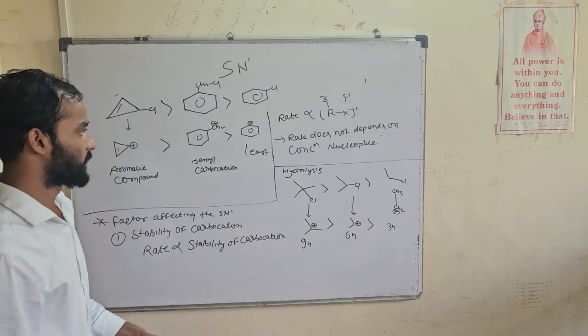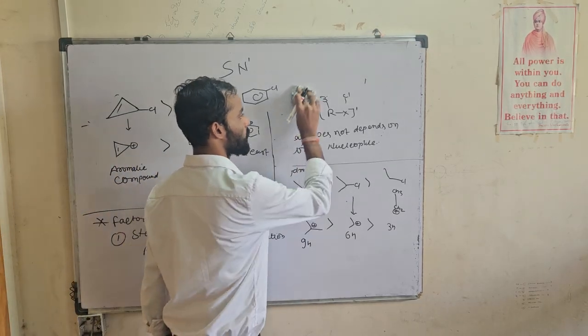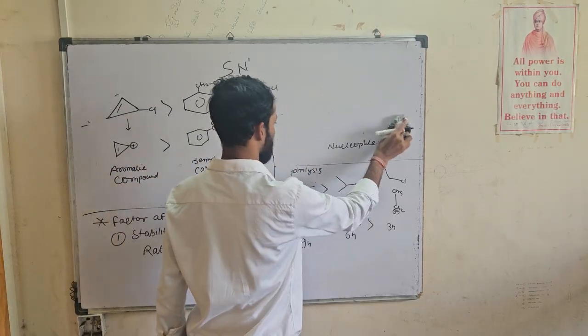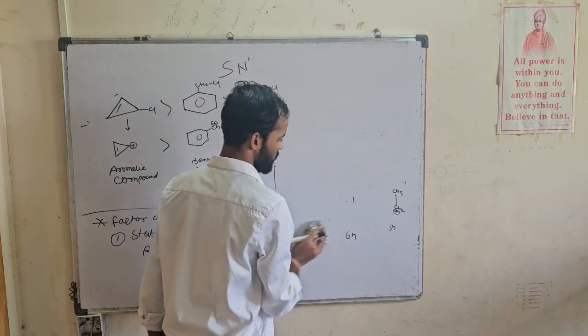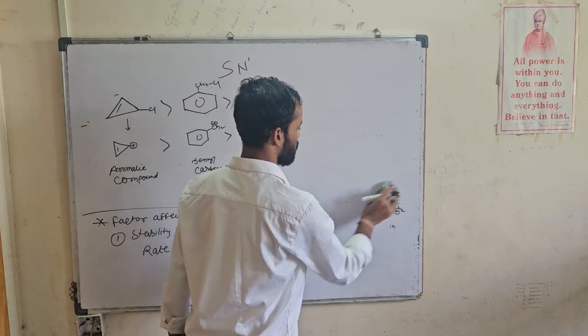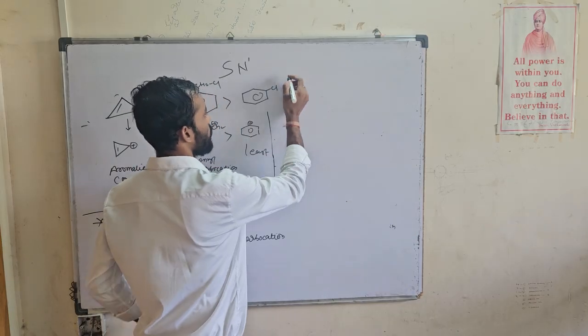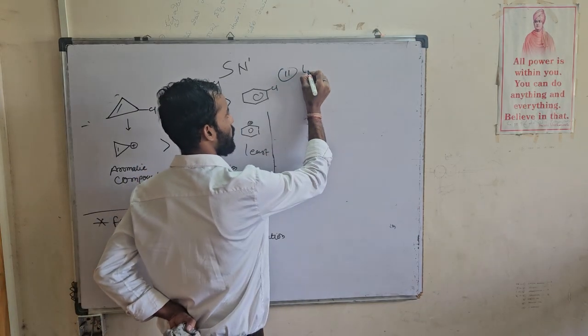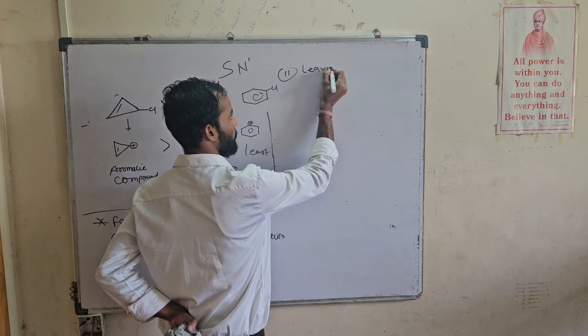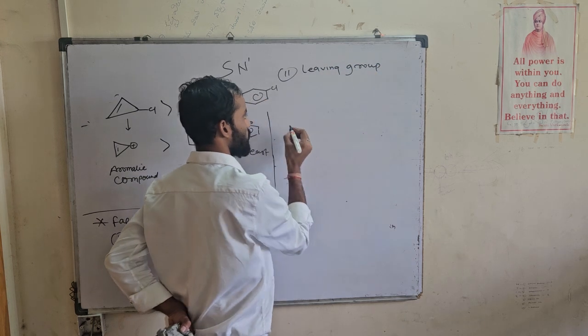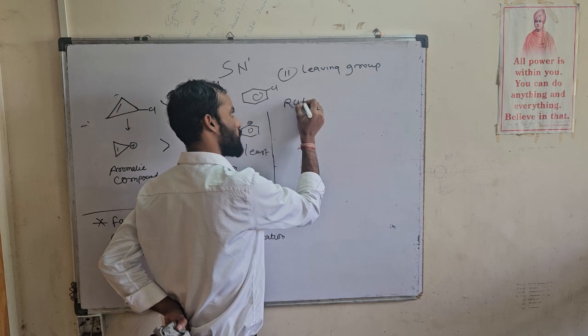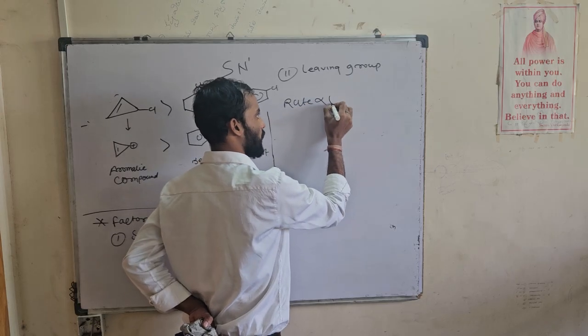Now the next factor that we are going to see is the leaving group. How the leaving group is going to influence the rate of reaction, that is the rate of SN1 reaction. Second factor, leaving group. The rate is directly proportional to the leaving ability.